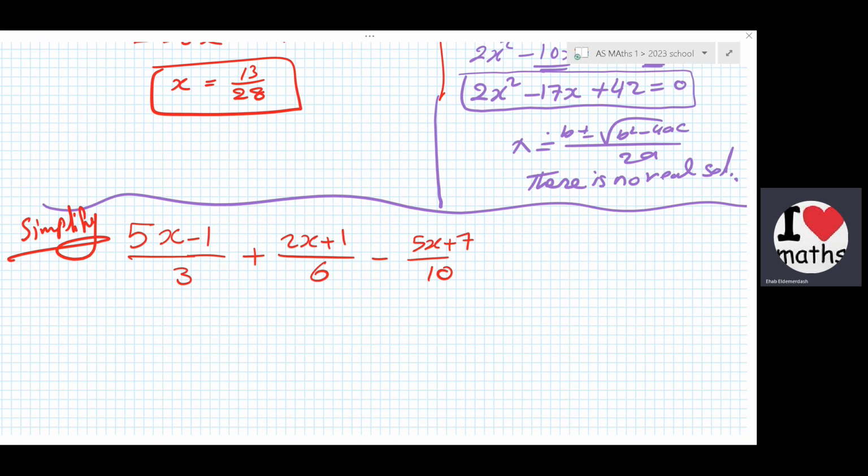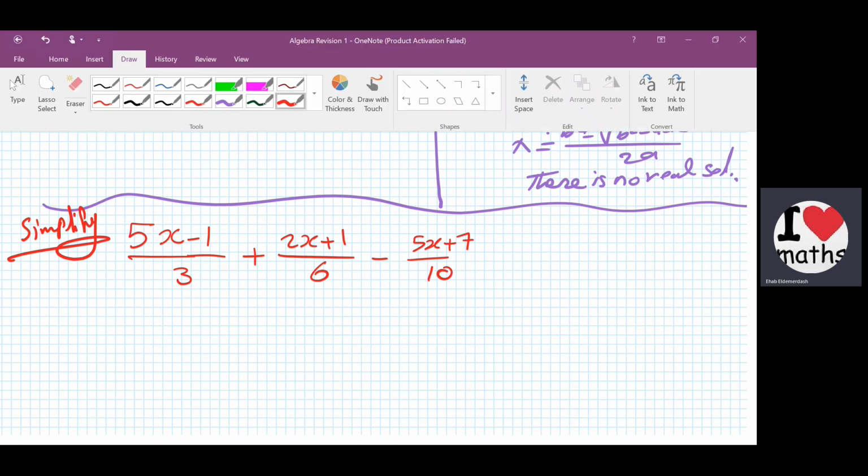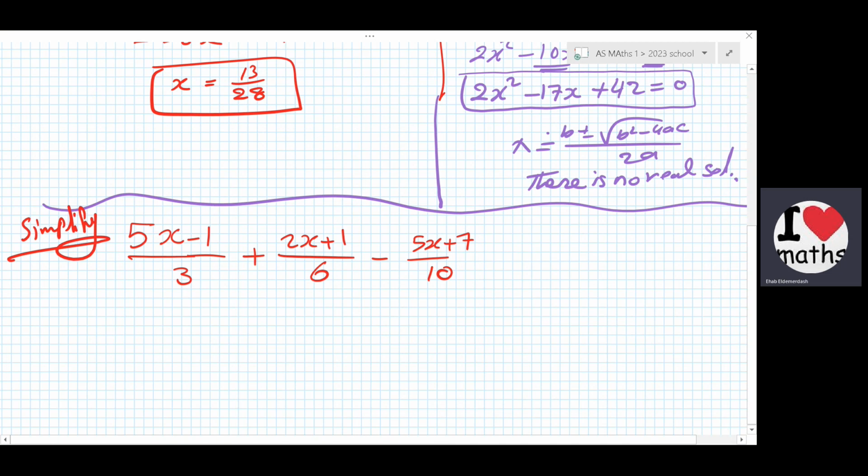In this question, I will follow the method that Nuran is doing. She chooses between 3, 6 and 10 to have the least common multiple, and she chooses 30. Why? If the 3 and the 6 are multiples of each other, ignore the small one.